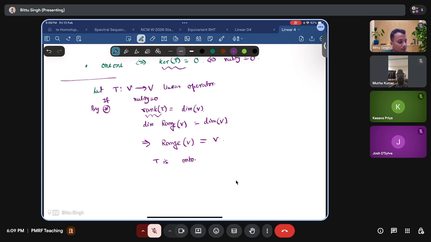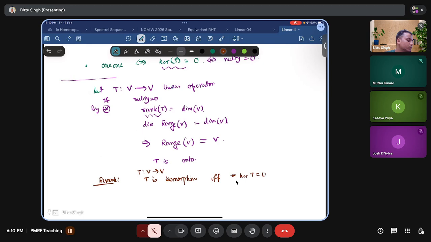It is enough to check that kernel of T is 0. So this is a remark: T mapping V to V is an isomorphism if and only if kernel T equals 0.